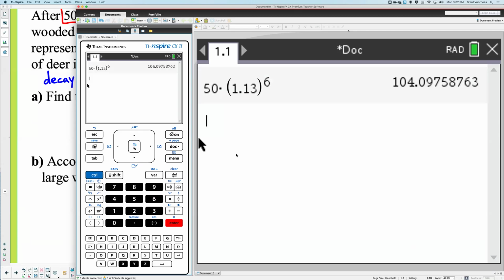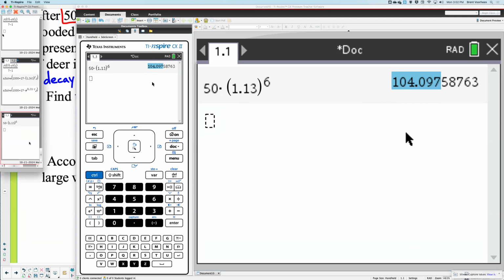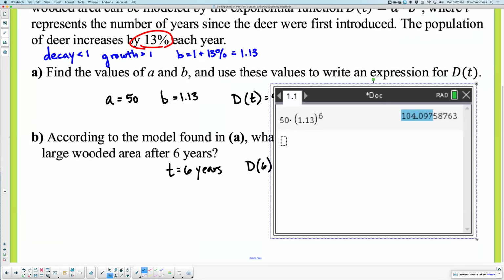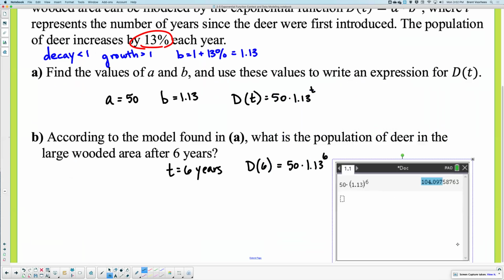And you know, we could have typed this equation in as a graph just so we'd have it stored, but I'm getting approximately 104 deer. That's what I'm going to say here. So go ahead and include that in.